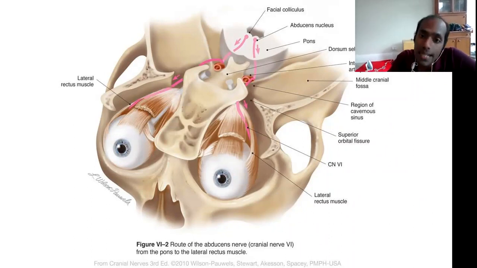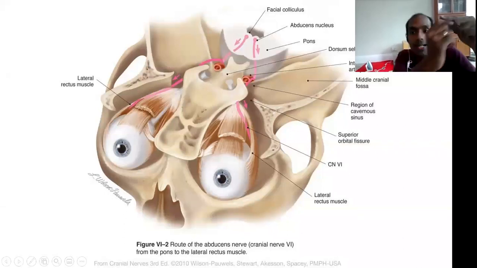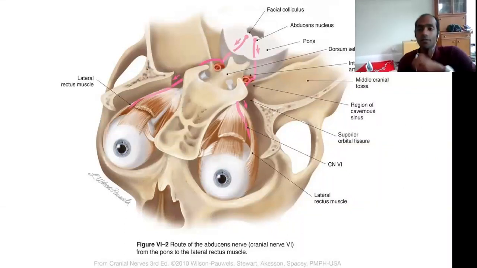Then the sixth nerve crosses very close to the apex. This is the petrous temporal bone. This is the apex of the petrous temporal bone. It crosses very close to that point. At that point, it is closely related to the fifth nerve.